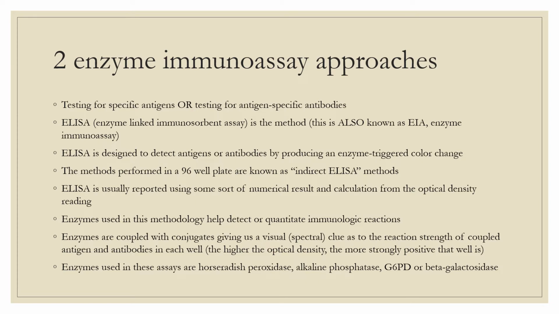So in other words, if our 96 well plate has a very strong yellow color, it means that our antibody titer or our specific bacterial pathogen antigens are very, very increased. Enzymes used in this assay are horseradish peroxidase, alkaline phosphatase, G6PD, which is glucose 6-phosphate dehydrogenase, or beta-galactosidase.